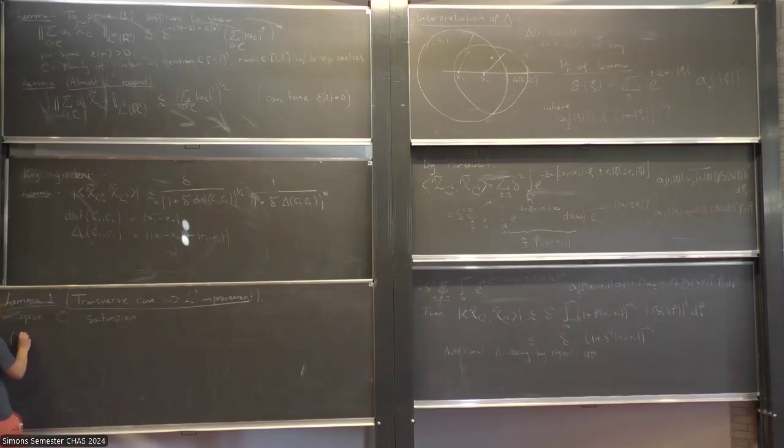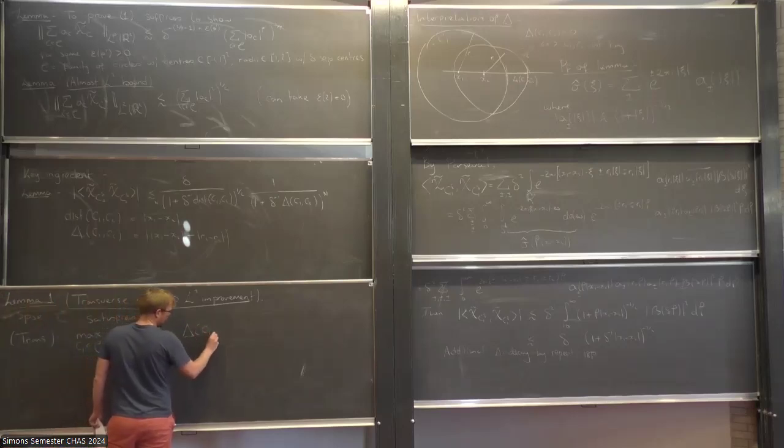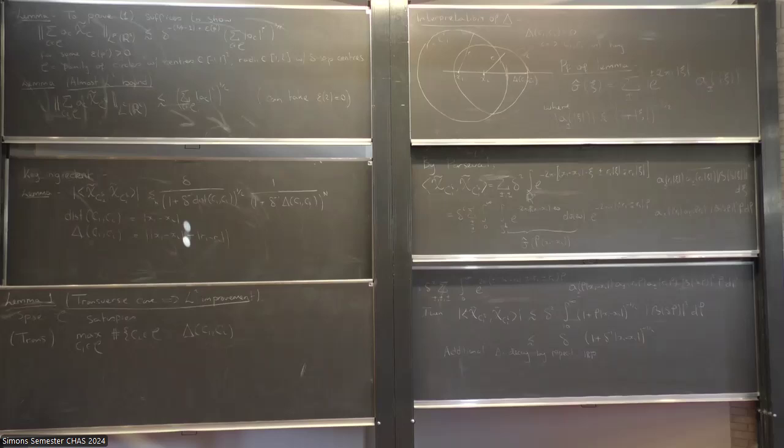So I'm going to suppose our collection of circles satisfies the following hypothesis, which I'll call transversal. If we look at any fixed circle C1 in our collection, and we count the number of circles C2 which are close to being tangent to C1, that means we look at this delta quantity. This is going to be small. How small? The smallest possible thing to consider would be delta, because that's our minimal scale. I'm going to allow it to be a little bit bigger than delta, so that's the one with eta, where eta is some small value.